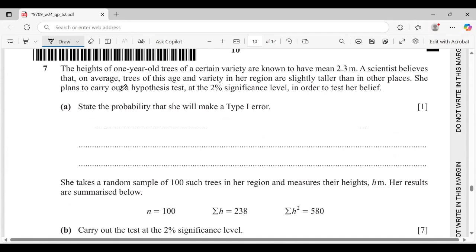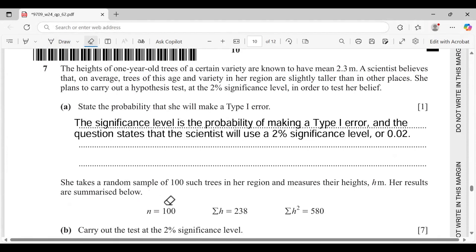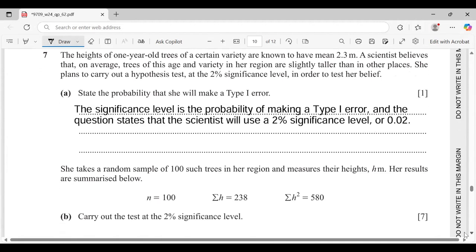She plans to carry out a hypothesis test at the 2% significance level in order to test her belief. Find the probability that she will make a type 1 error. I have provided my answer for this question. Continue to the next question, B.